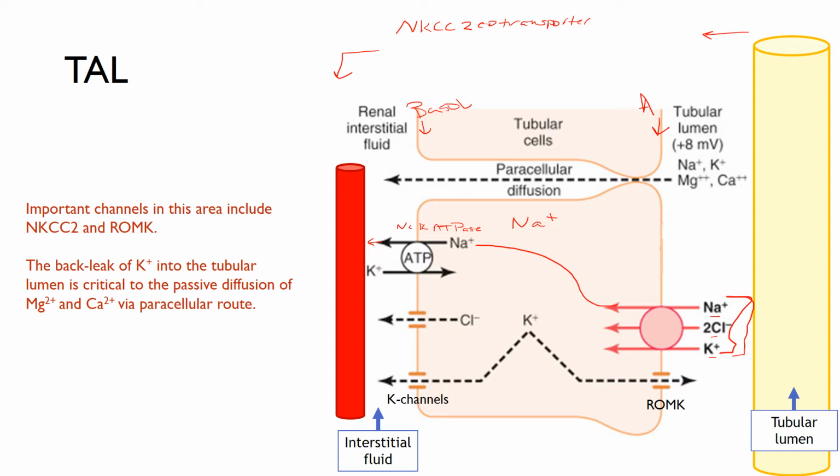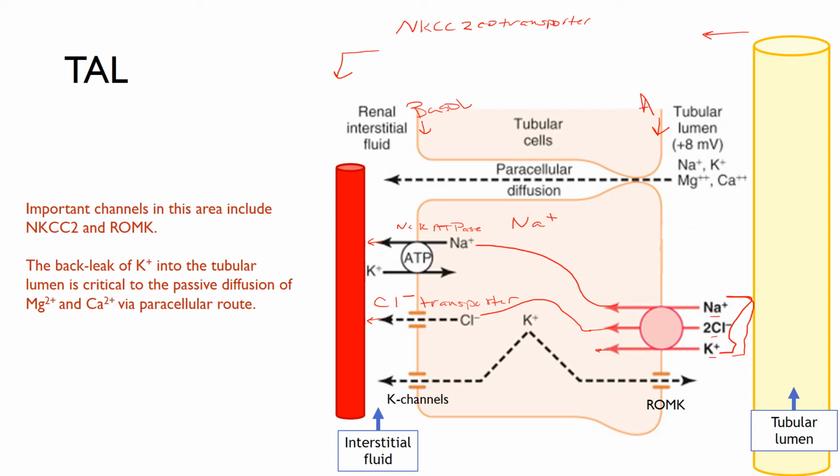What about the fate of chloride? So chloride enters in via the NKCC2, navigates across the cell, and then it exits the cell using a specific chloride transporter or a chloride channel, if you will. And that's how it exits the cell across the basolateral membrane and then gets back into the blood. Potassium is the last solute to discuss.